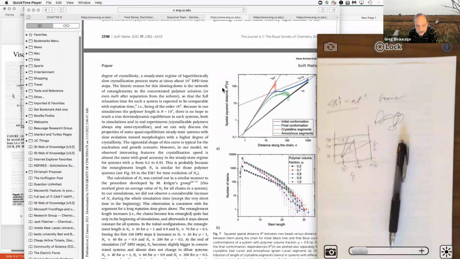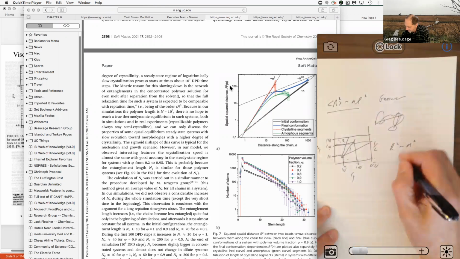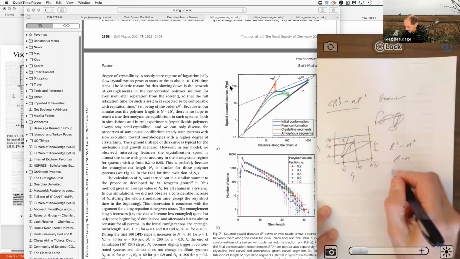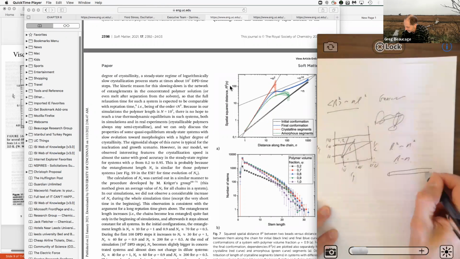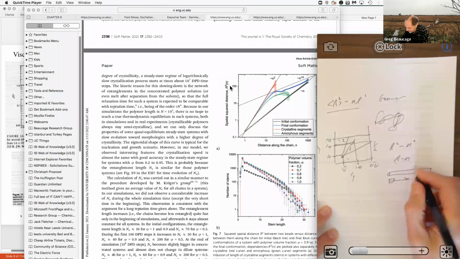Right, so when he gets power 2, that means that r squared goes with n squared. That means r goes with n. So that's ballistic. That means they're just proportional to each other, so the thing is a rod. Ballistic means, in time, it would be like a bullet flying, or in spatial terms, it would be a rod.